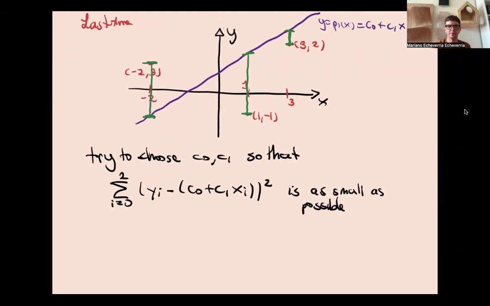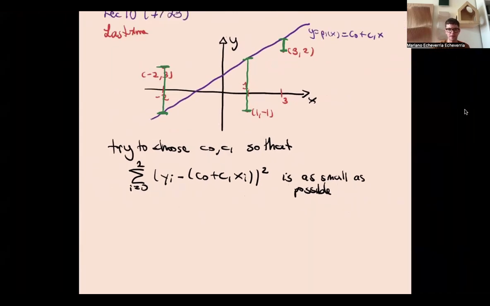The reason I chose these numbers is so that we can write it down more explicitly.